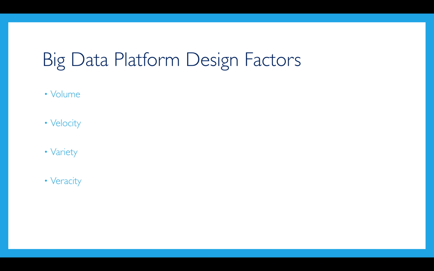Then variety. Since all these social media platforms can have various varieties of data, not only text, they have text, audio, video, and images as well. So there is a variety of data. And the fourth one is veracity.